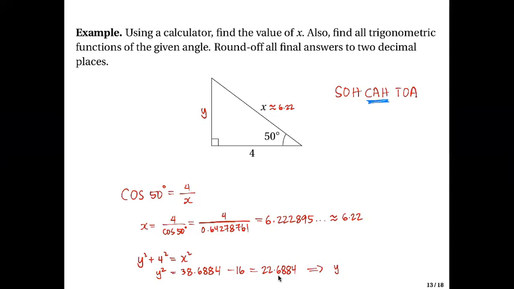So this guy here is approximately 4.76. Okay? Questions?